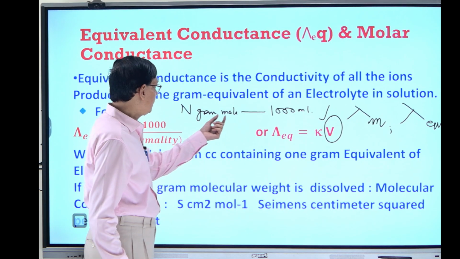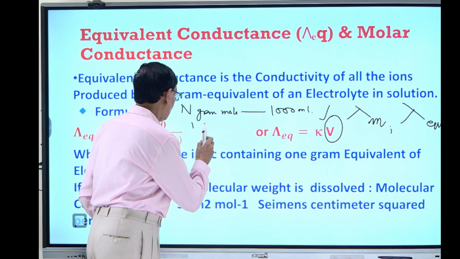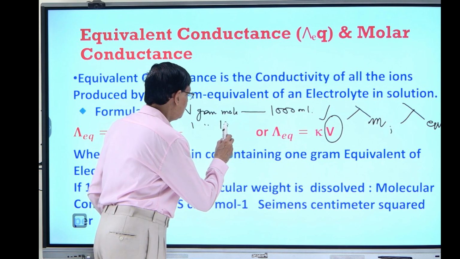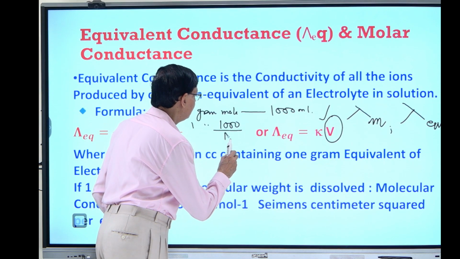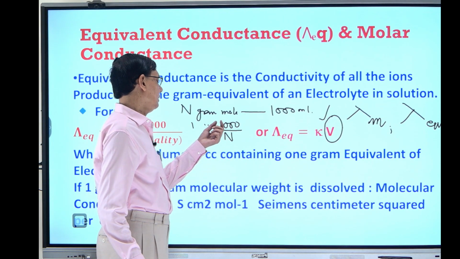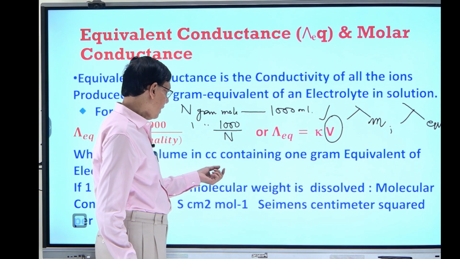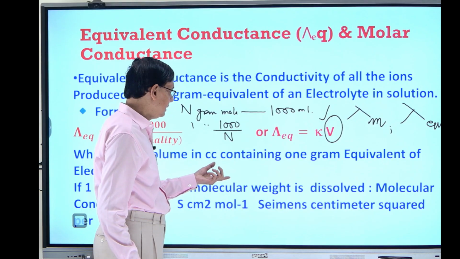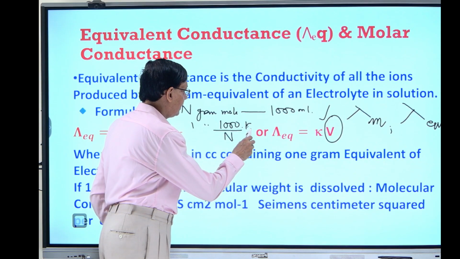So for n gram equivalent, n gram mole is in 1000, so 1 gram mole is in 1000 divided by n, or whatever the normality, because if I take the equivalent conductivity, I must take the normality. If I am taking molecular weight, number of gram moles, so the molarity or the concentration multiplied by kappa is the equivalent conductance.